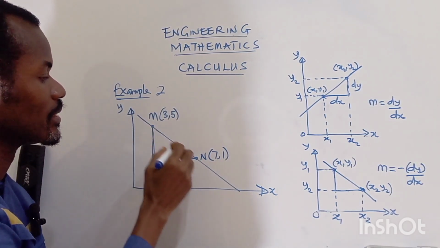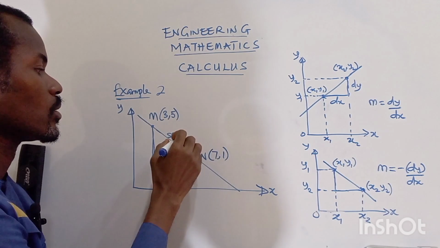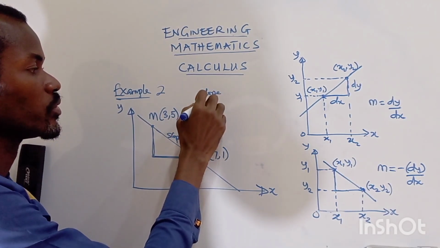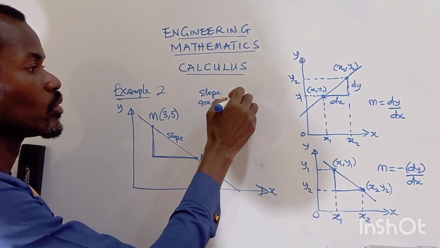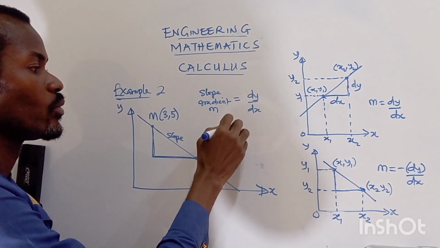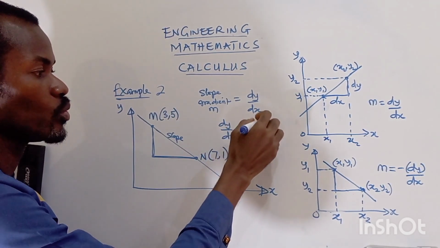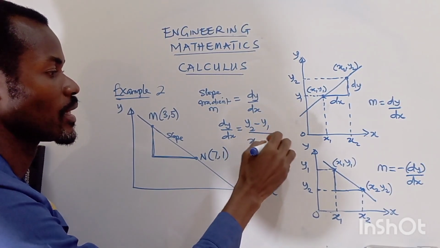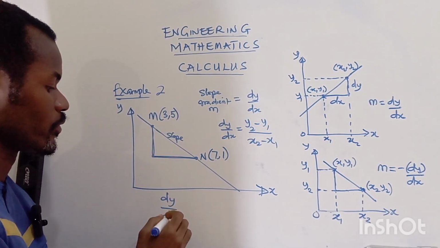Our slope or gradient, m, is equal to dy over dx, and our dy over dx also means y2 minus y1 divided by x2 minus x1. Now you want to bring out the values of your points.